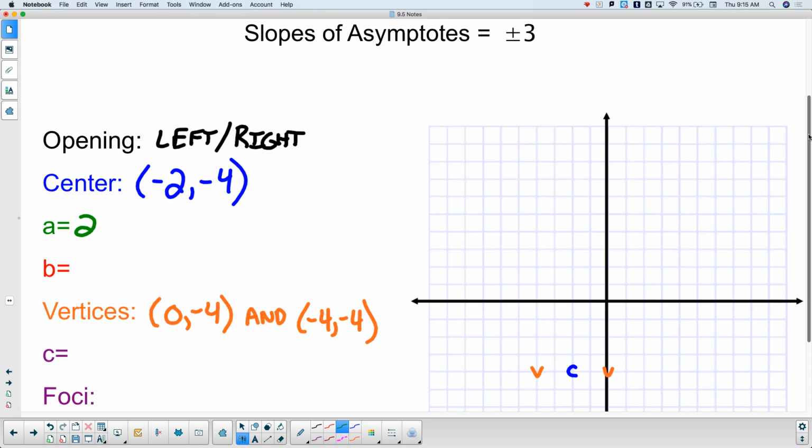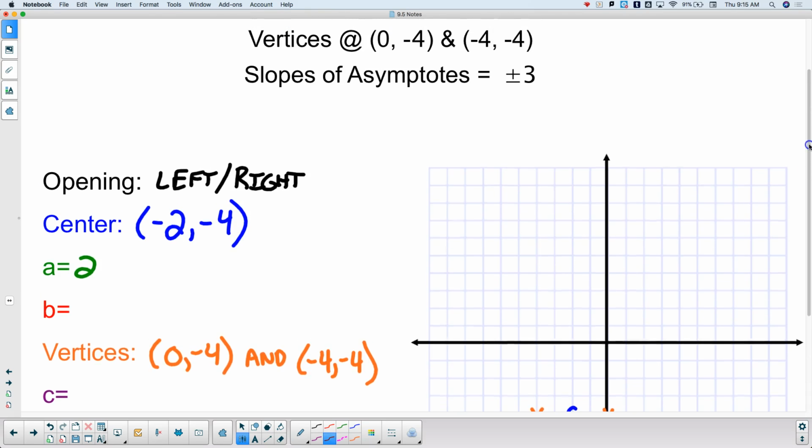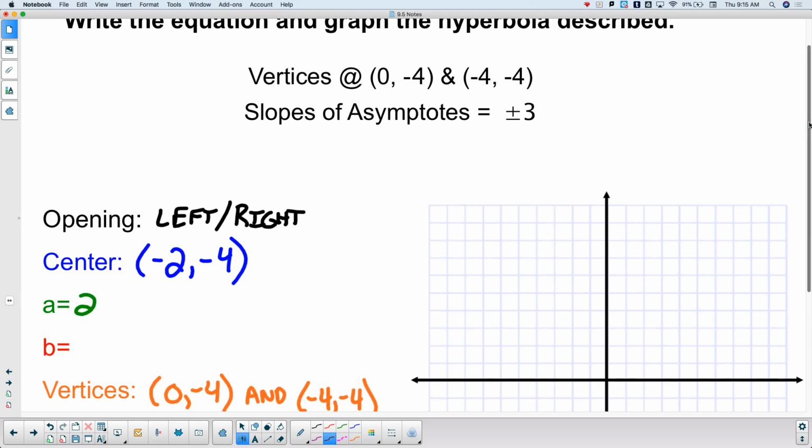The asymptotes always go through the center, okay? So that's one way that I could use them. B over A is the slope of the asymptotes, right? Okay, so that's the other way that I can use them. So I'll show you both ways. So first, let me show you mathematically.